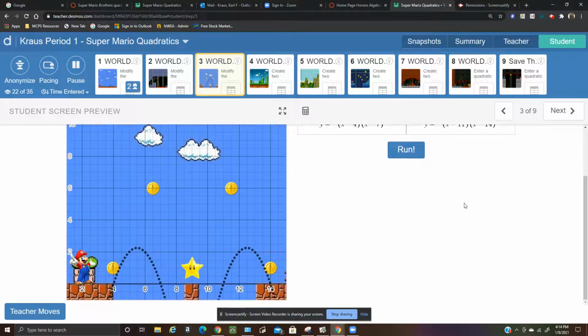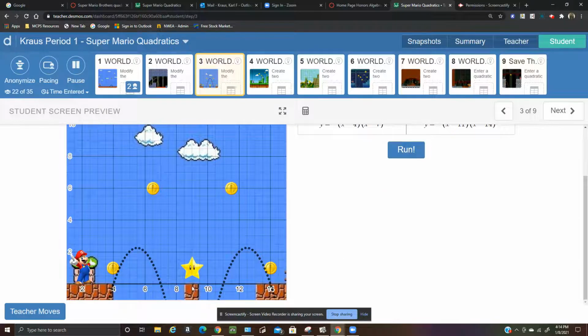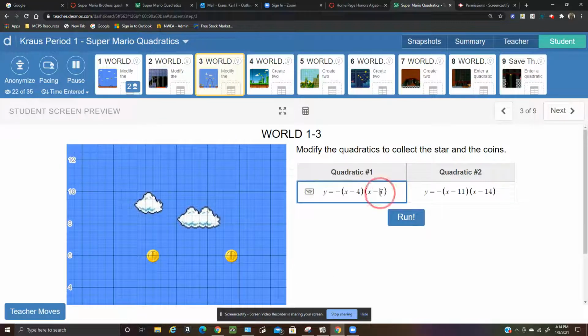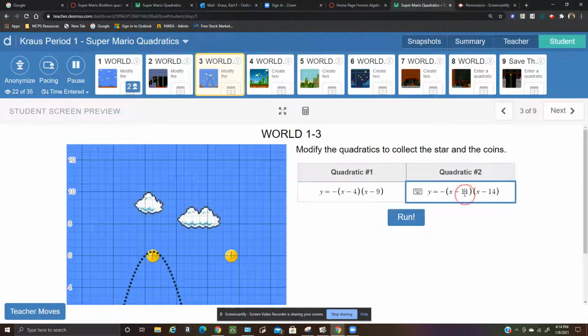On slide 3, they give you the intercept form. So one of the intercepts is 4, but the other one you want to make 9. So I'll make that a 9. And then for the next one, this intercept is 14. That looks correct, and you want to make the other one 9 also.